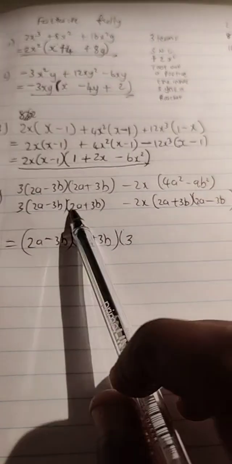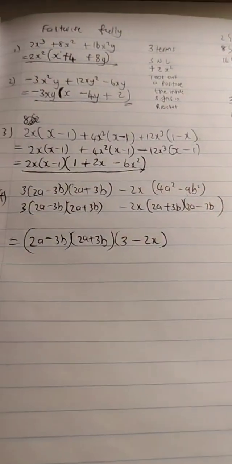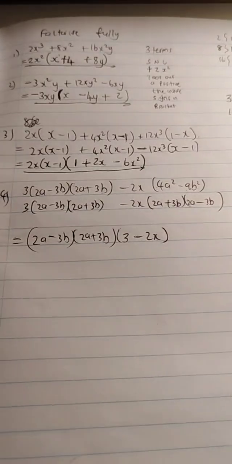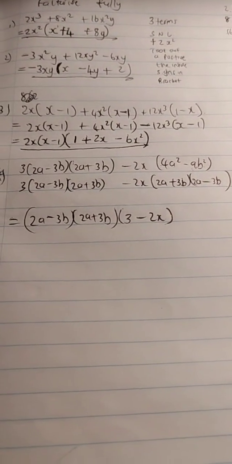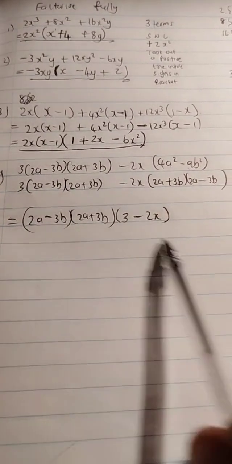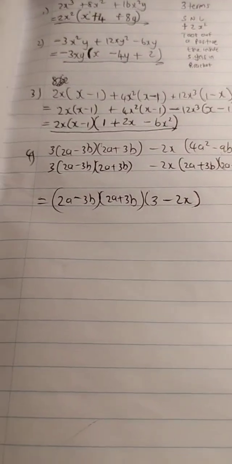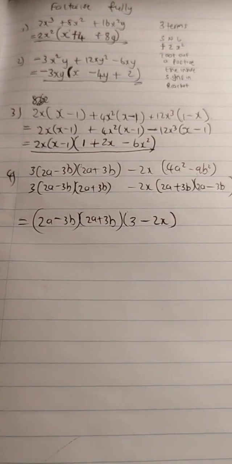All right, so what's left on the left is 3, but what's left on the right is negative 2x. I hope that's clear for us. So that's basically there, factorized.